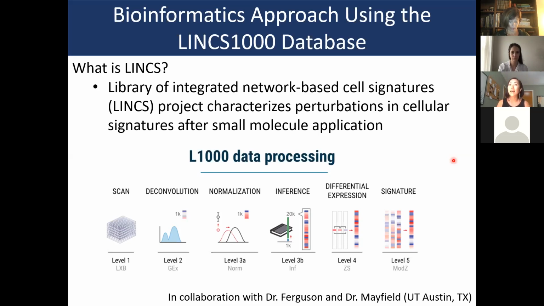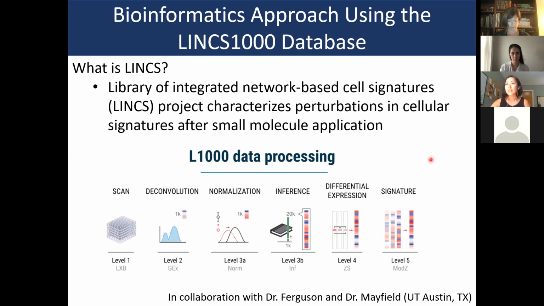The LINCS 1000 database is a project that characterizes perturbations in cellular signatures after small molecule application. So the L1000 project collects gene expression profiles of 1,000 genes for hundreds of thousands of small molecules on cell lines at different doses and at different time points.